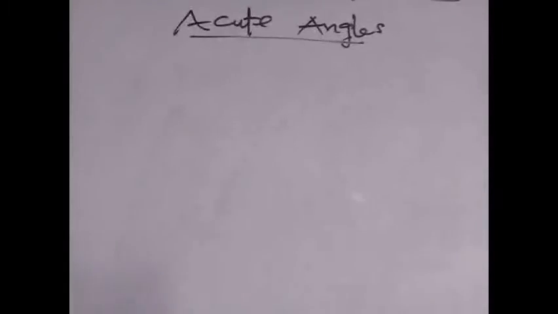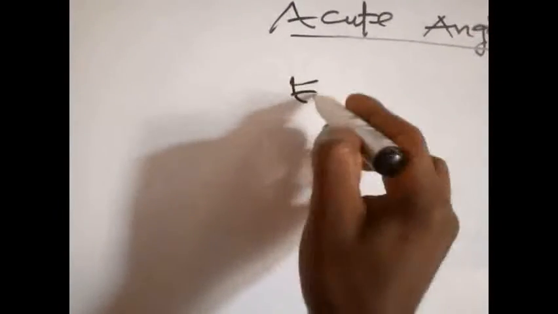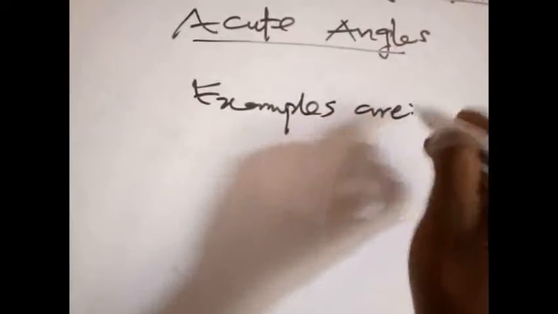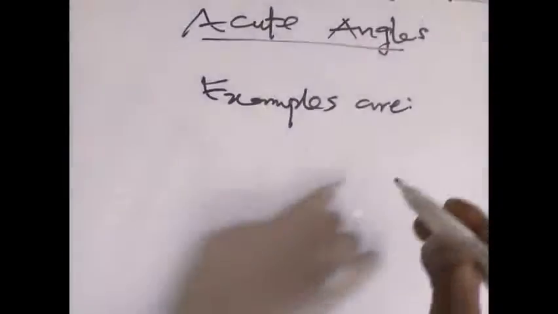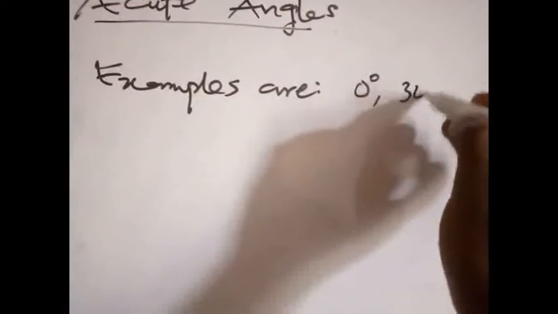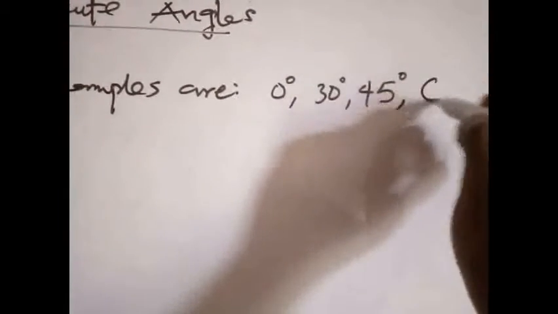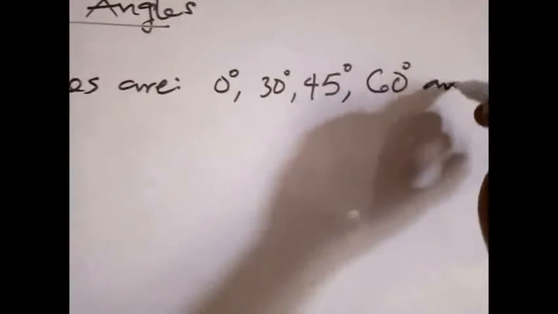The examples of special angles are 0 degree, 30 degree, 45 degree, 60 degree, and 90 degree.